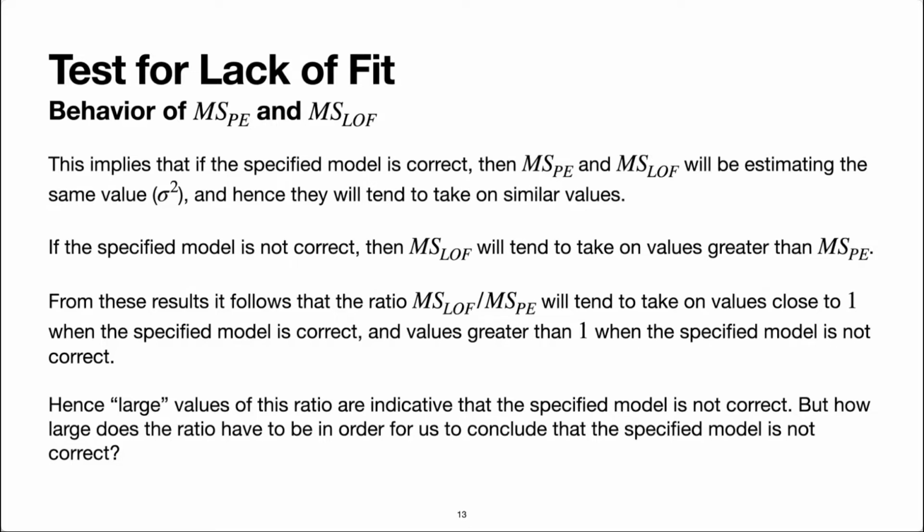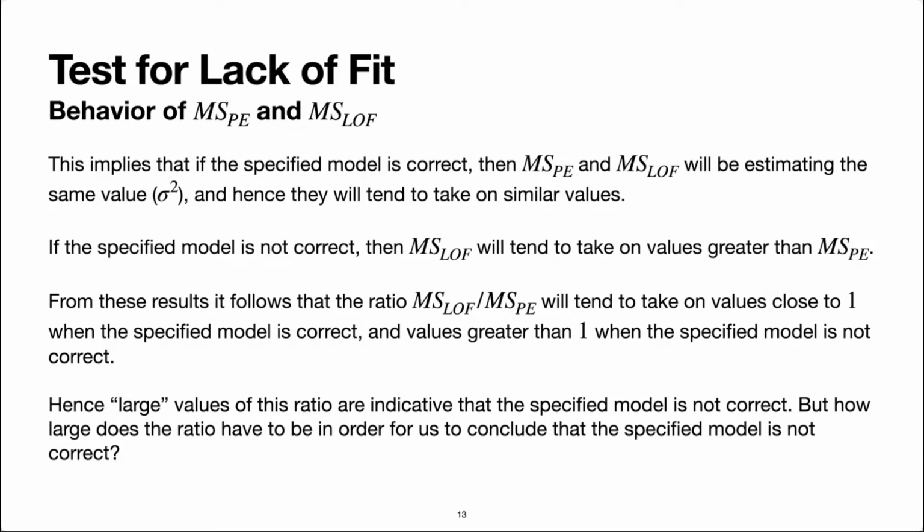And so if we construct the ratio, the mean square for lack of fit over the mean square for pure error, that ratio will tend to take on values close to 1 if the specified model is correct, but it'll tend to take on values that are greater than 1, and perhaps even much greater than 1, when the specified model is not correct.